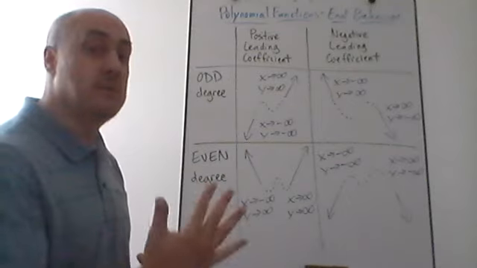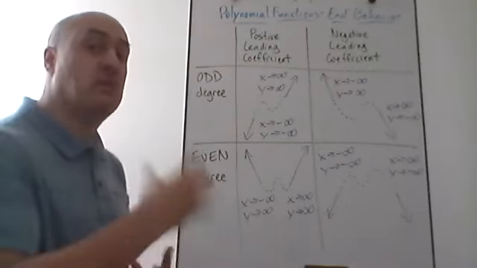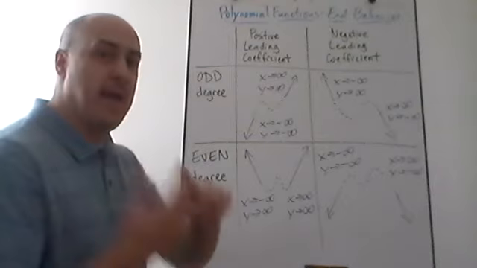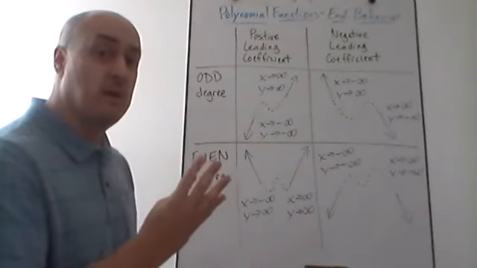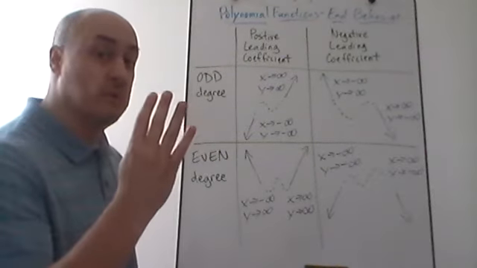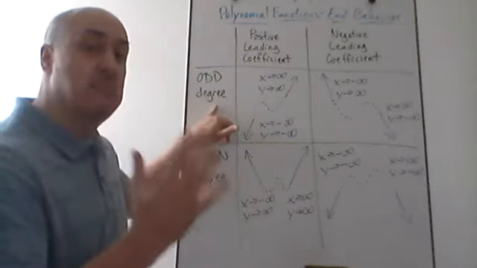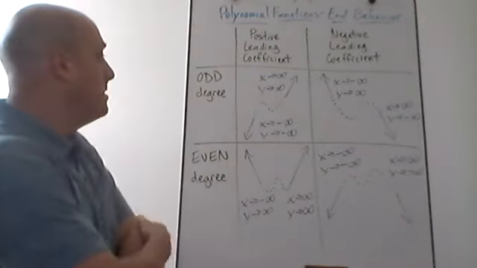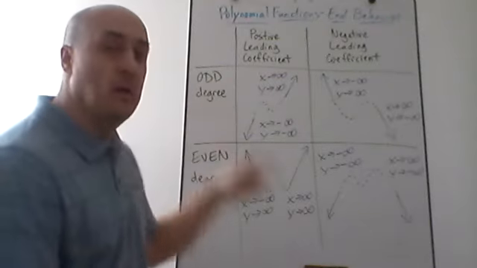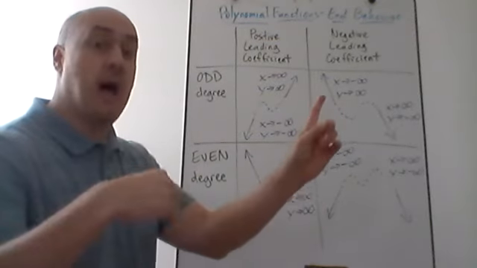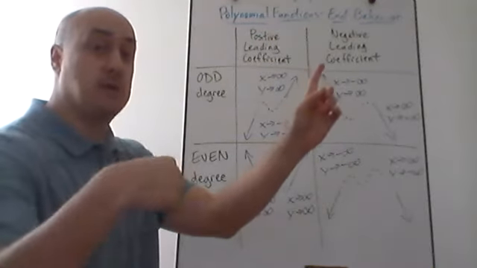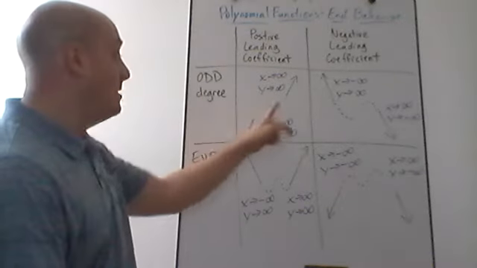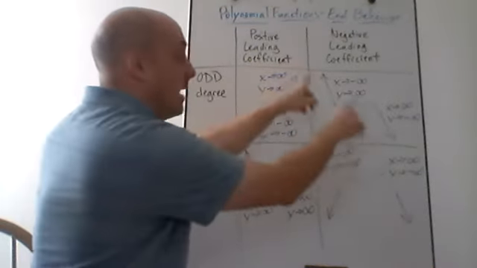You could have x to the fifth plus x to the fourth, where 5 is odd and 4 is even, but it's still odd degree because the highest exponent is 5, an odd number. If we have an odd degree polynomial, both ends go in opposite directions. One end goes up and the other goes down, or the other way around.